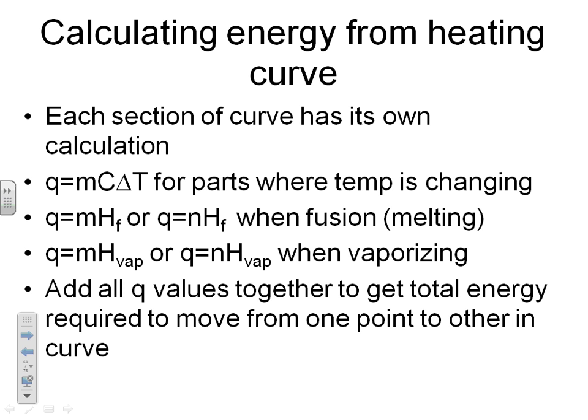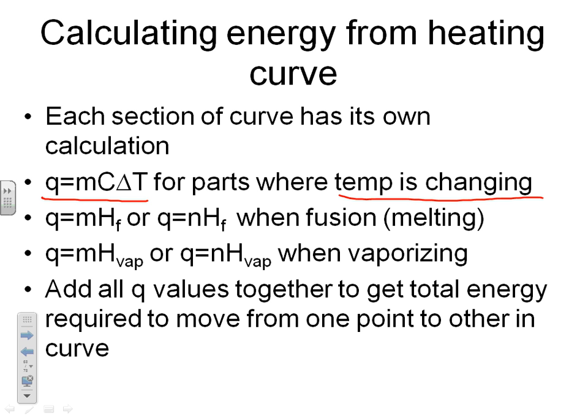We can use the formula Q equals mc delta T for any part of the heating curve where temperature is changing. So where we are increasing the temperature of the solid, the liquid, or the gas, we can use Q equals mc delta T. We can know the mass, the specific heat, and the change in temperature, and you can figure out how much heat is needed to do that.